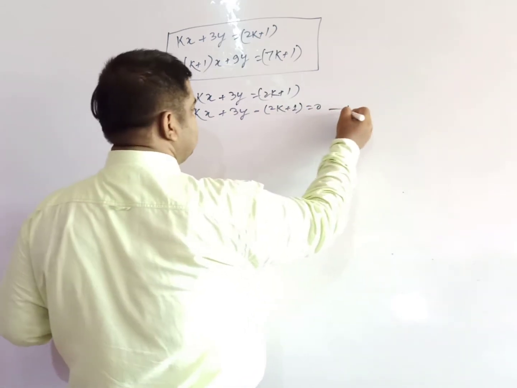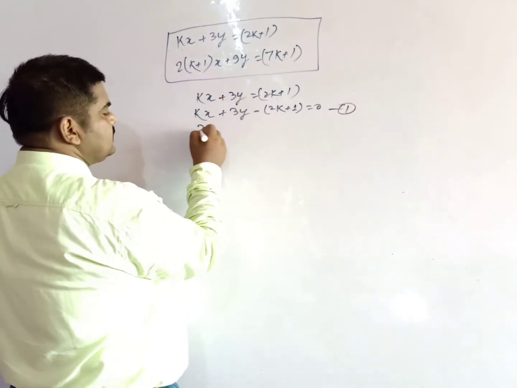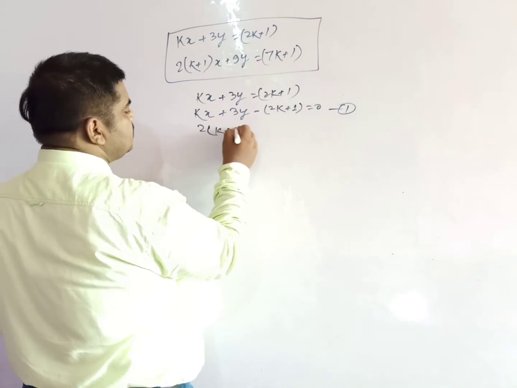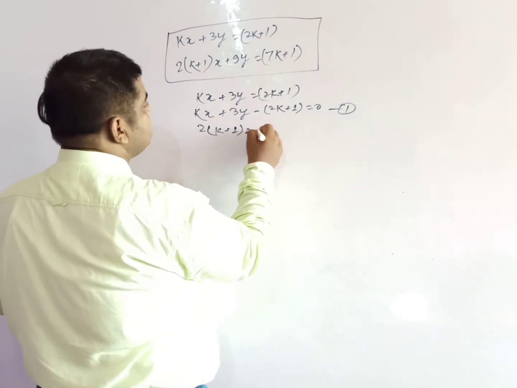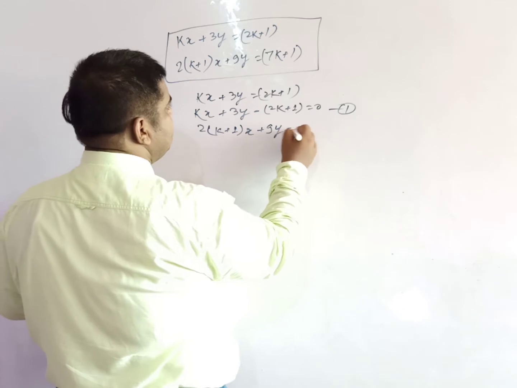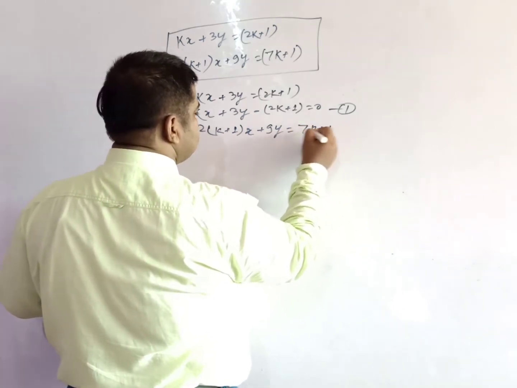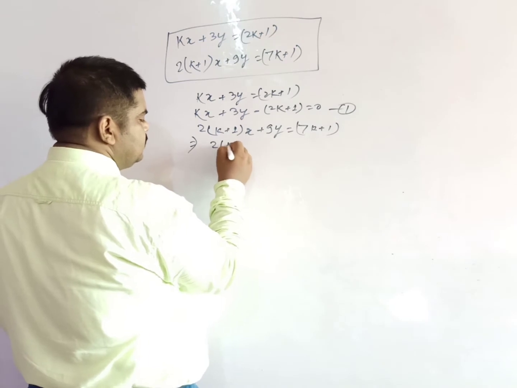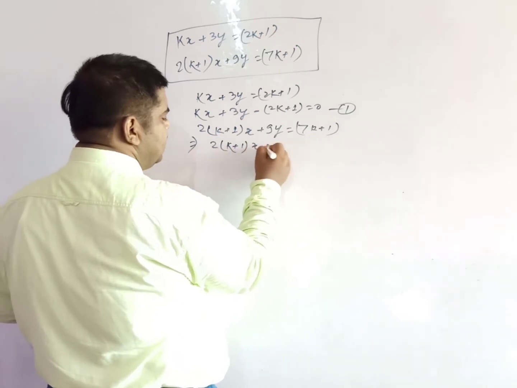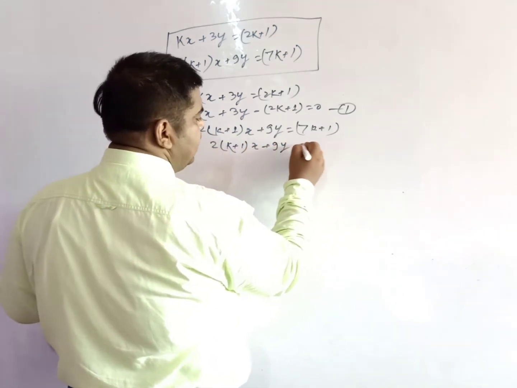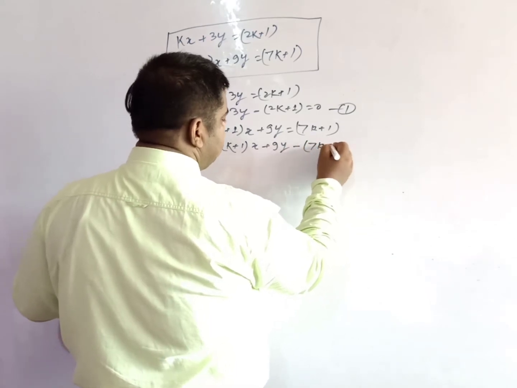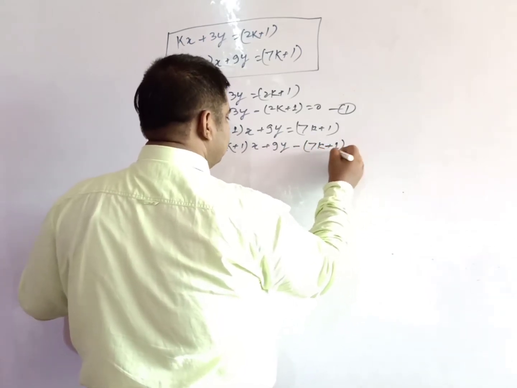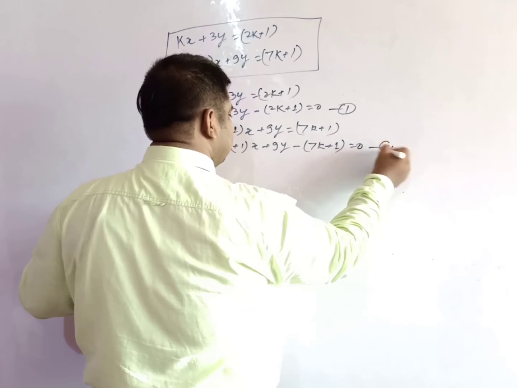This is the first equation. The second one is (2k plus 1)x plus 9y is equal to 7k plus 1, and it can be rearranged as (2k plus 1)x plus 9y minus (7k plus 1) is equal to 0. This is the second one.